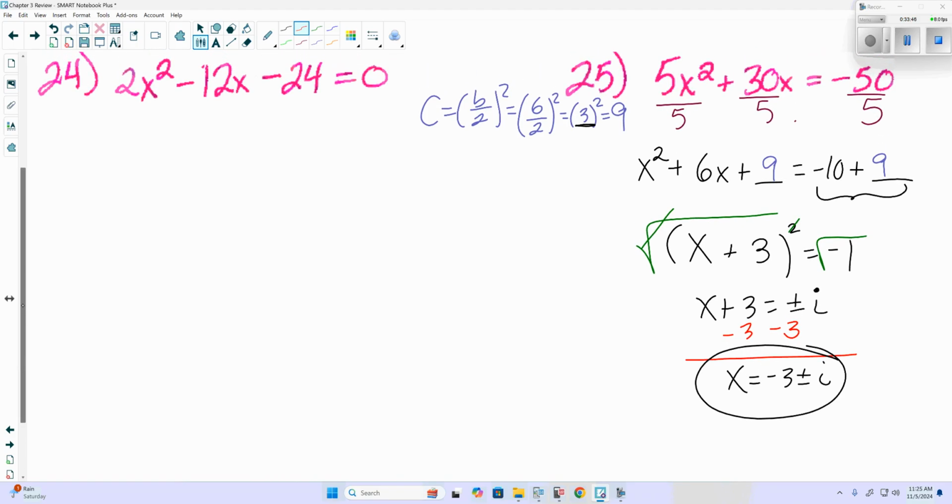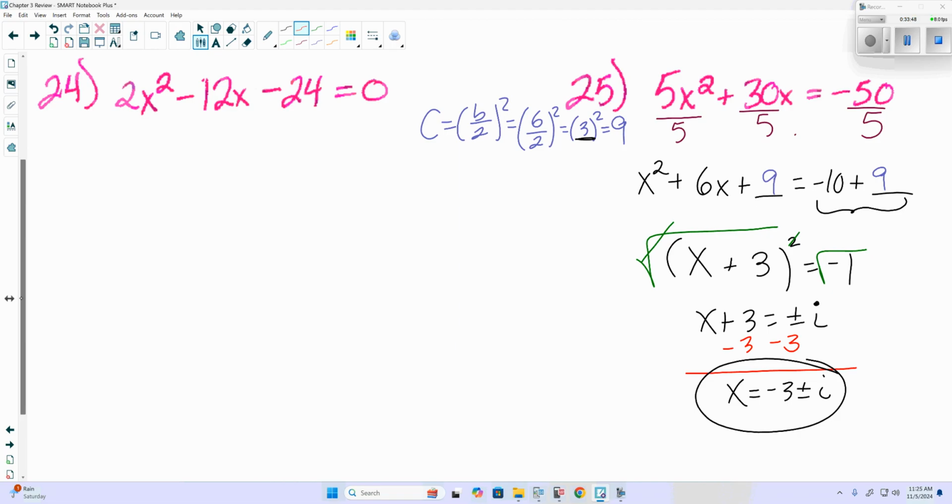Because we can look at 24. Now, 24, since it's already all on the same side, we'll leave it equal to 0. We're good there. Like terms are together. Is a equal to 1? No. We're going to divide everything by 2. And again, on the test, for both of the completing the squares, the value of a is going to be 1.